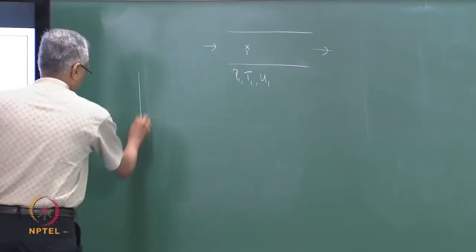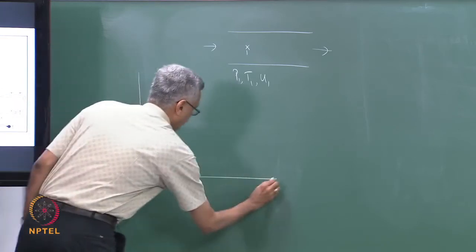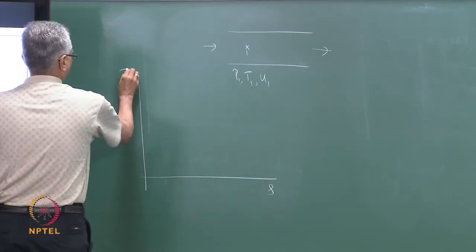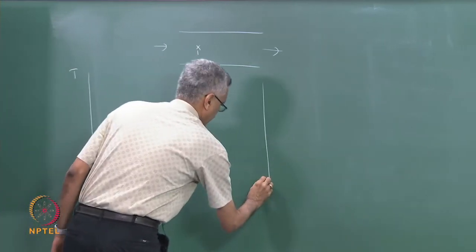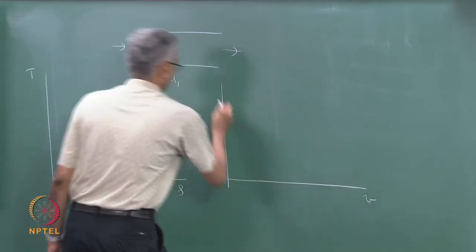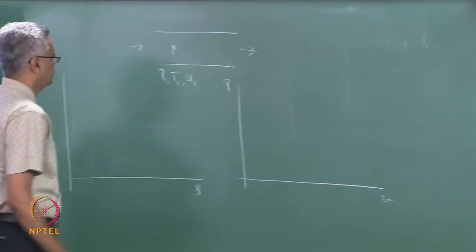So let us say this is a TS diagram, and this is a PV diagram.